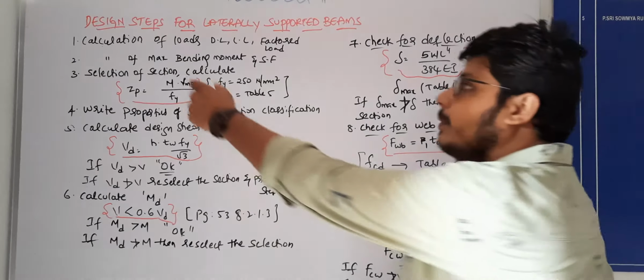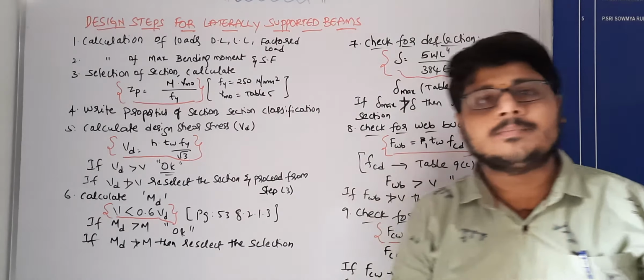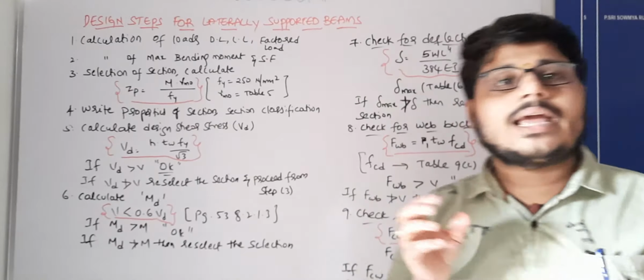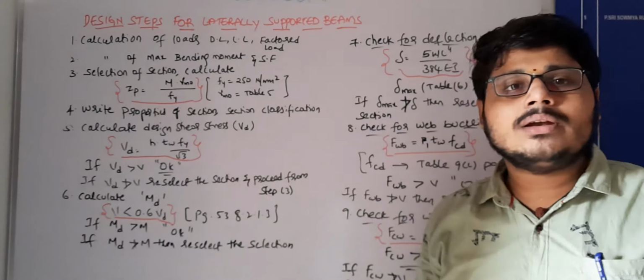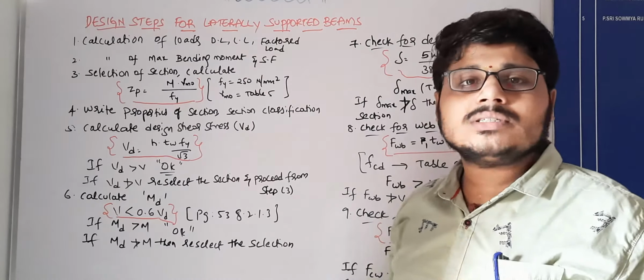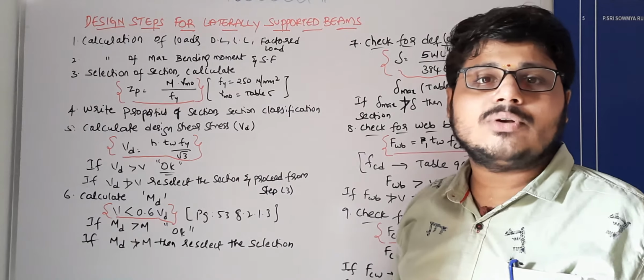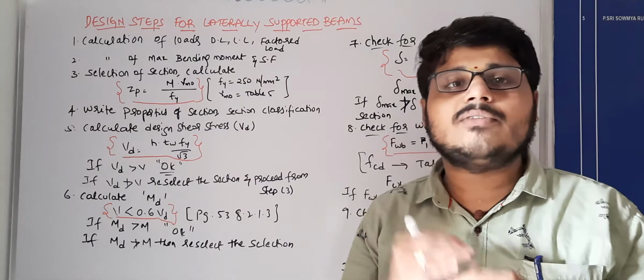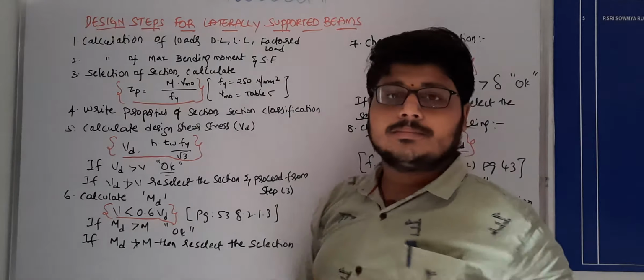In the given question it will give dead load, live load or imposed load. We calculate the factored load: 1.5 times dead load and 1.5 times live load, and the combination of both dead load and live load we call the total load.